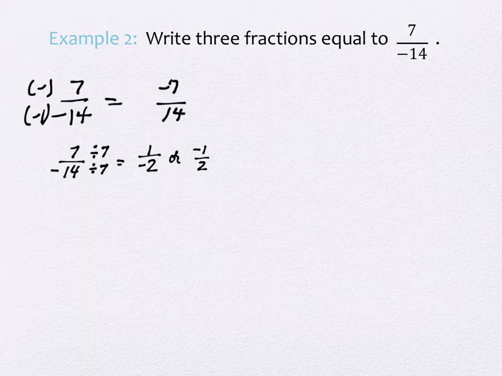You could also start with the 7 over negative 14 that you have, and multiply the top and bottom by something. So maybe you decide, I'm going to multiply by 3. Arbitrary, but why not? So I get 21 over negative, I think that's 51 on the bottom. Is that true? 17?